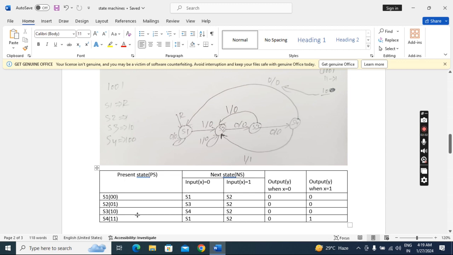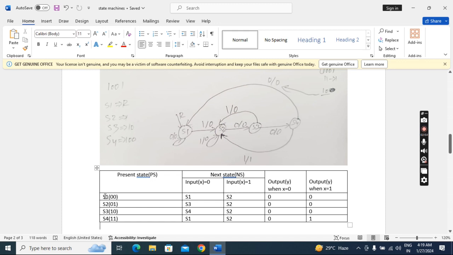Okay, right. So now see how to draw this state table from this state diagram. Initially I am in reset, nothing but S1. So my present state is S1, wherever I am, that is my present state. When I get input 1, where am I going? S2.